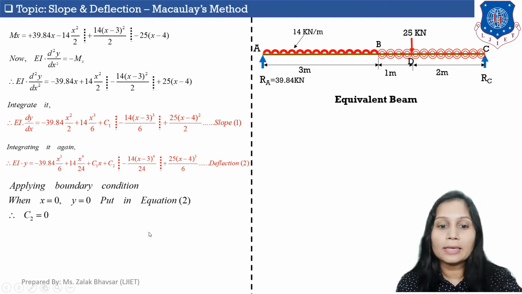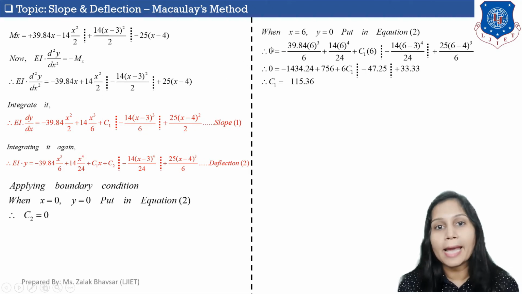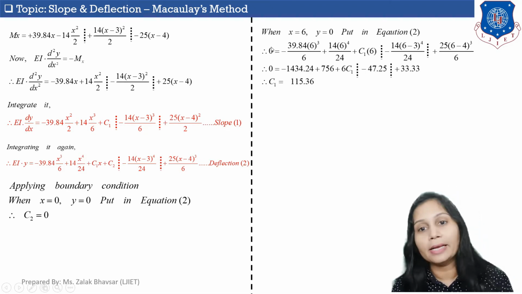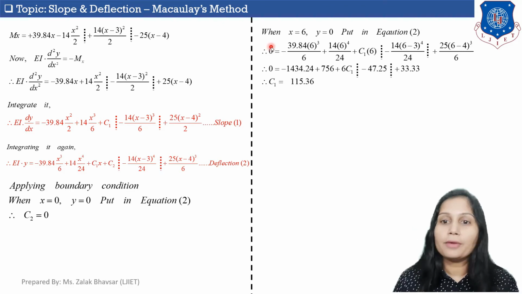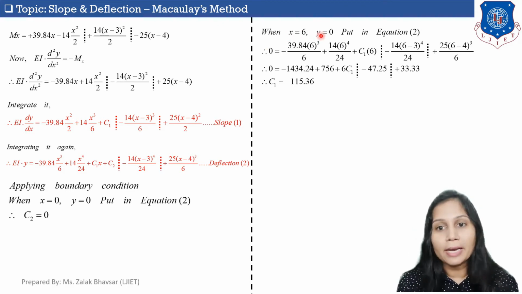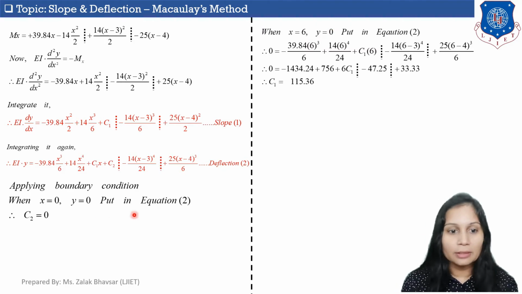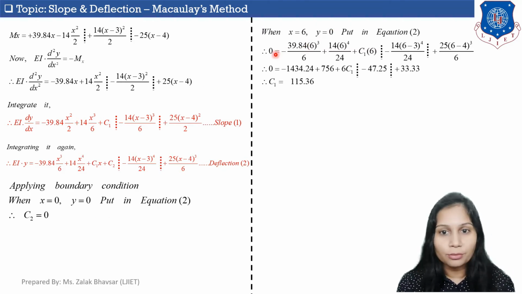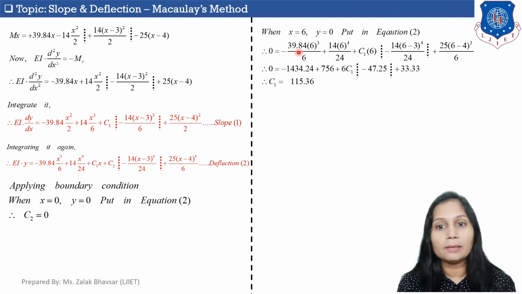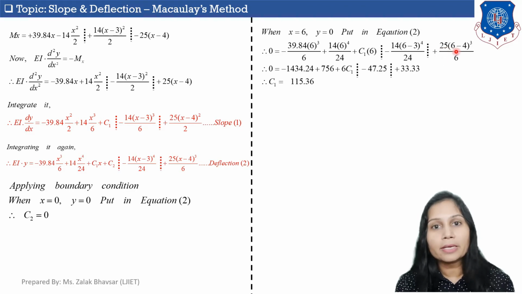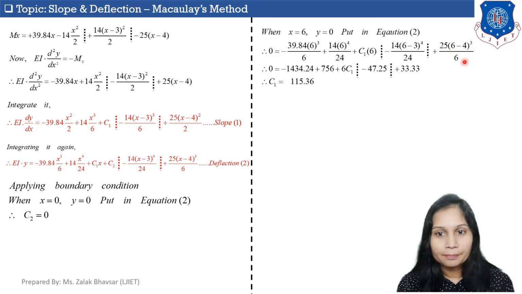Okay, now let's apply the second condition, which is x is equal to 6, then y is equal to 0. If I put x is equal to 6 and y is equal to 0 in the second equation, then the equation will be 0 is equal to minus 39.84 times 6³/6 plus 14 times 6⁴/24 plus C1 into 6 minus 14 times (6 minus 3)⁴/24 plus 25 times (6 minus 4)³/6.